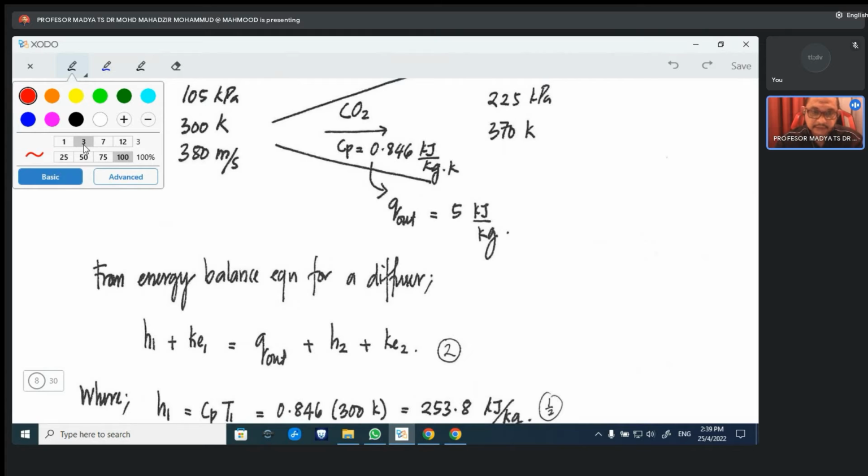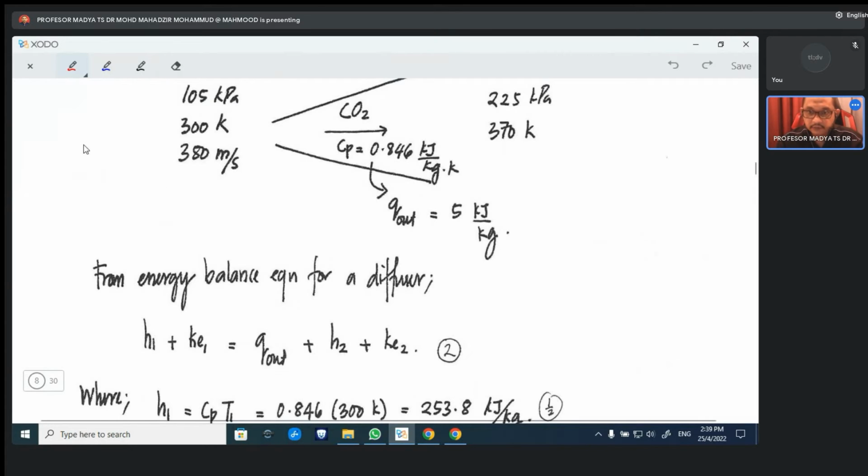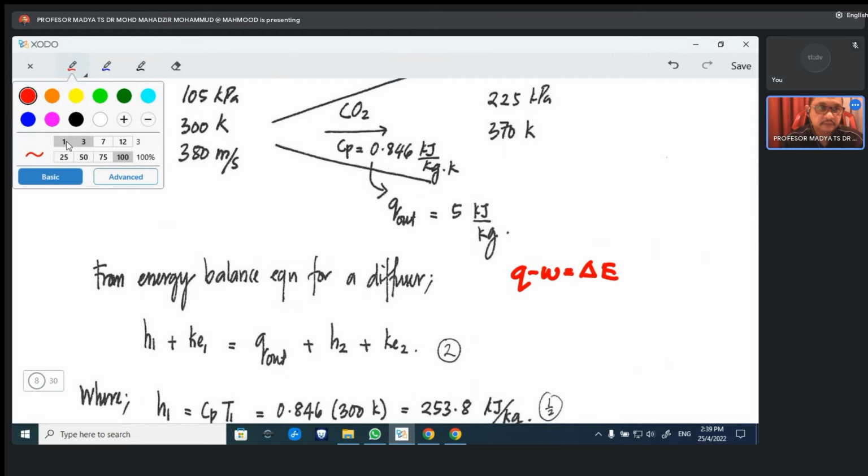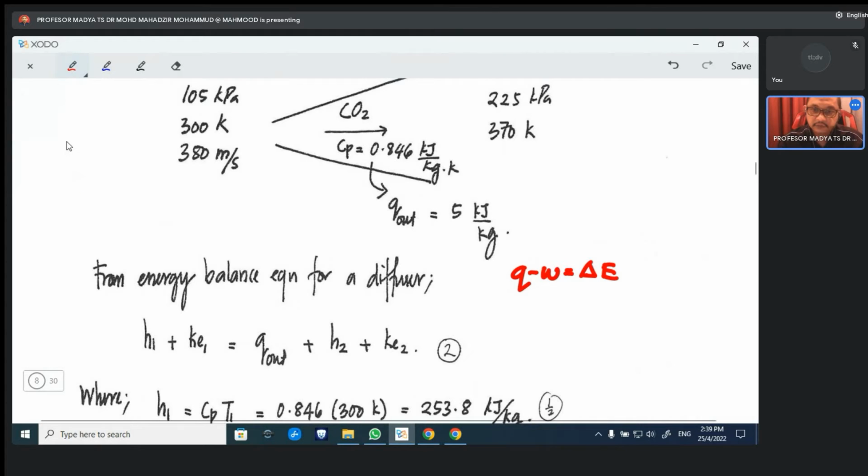Actually, this equation comes from Q minus W is equal to delta E. When we calculate for the open system, we have to consider the force pushing the working fluid, the kinetic energy, and the potential energy.